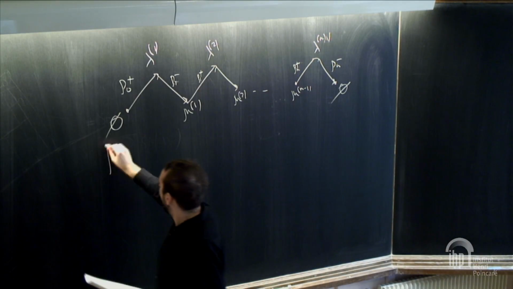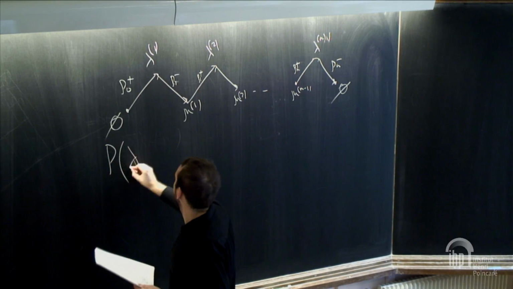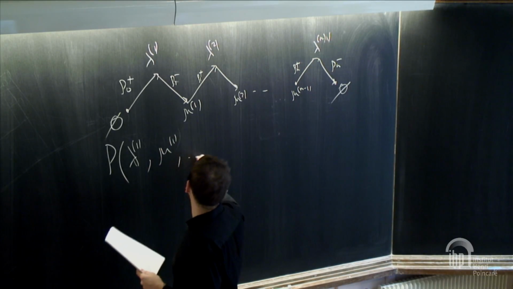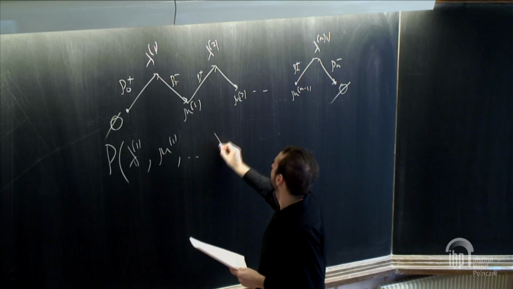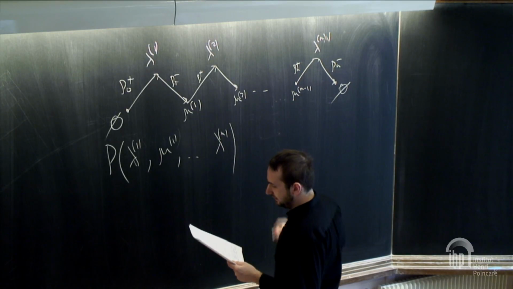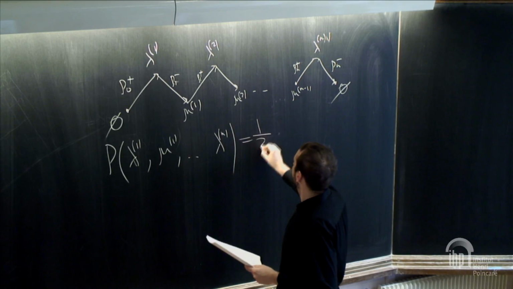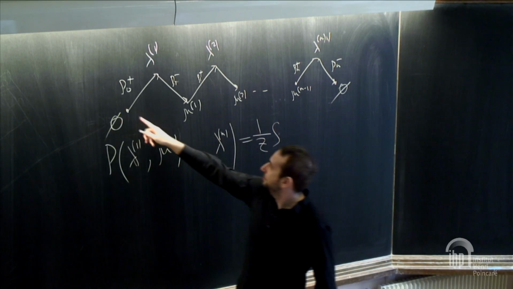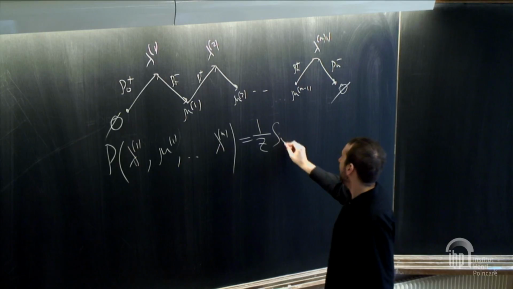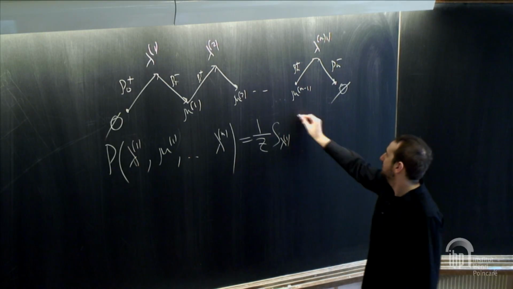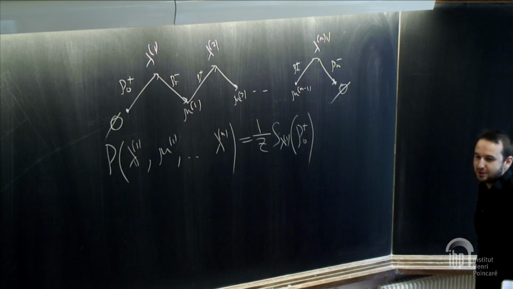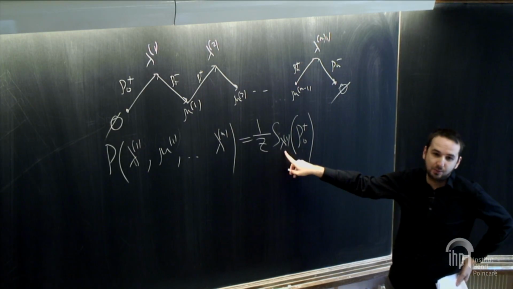And the joint probability for all these, lambda 1, mu 1, etc., lambda n, is equal to 1 over some normalization constant times: you start with a Schur polynomial at lambda 1, and you specialize it with respect to the first specialization, which means that you take this symmetric function and apply a homomorphism.